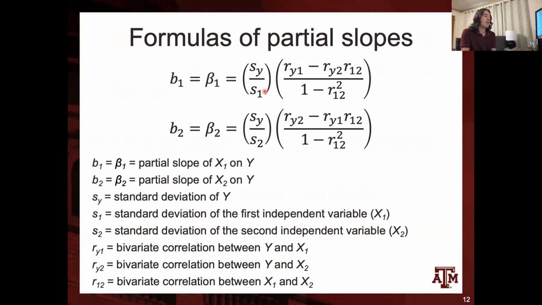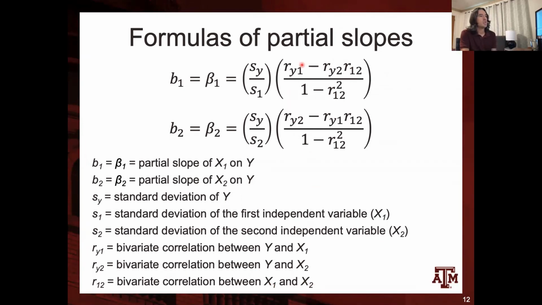We pretty much get the standard deviation of my dependent variable and divide by the standard deviation of the first independent variable, which is x1, and multiply it by the bivariate correlation between y and x1, which is r_y1, minus the bivariate correlation between y and x2, multiplied by the bivariate correlation between x1 and x2.